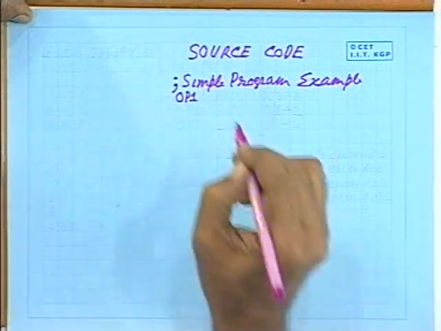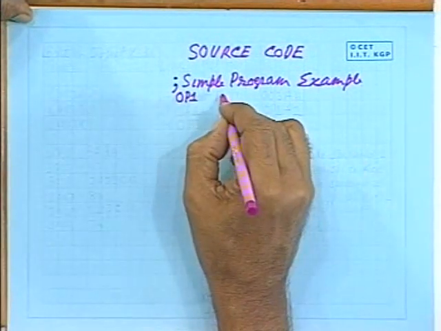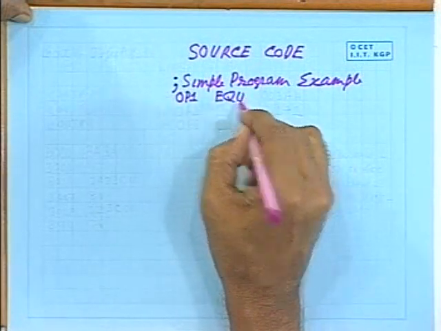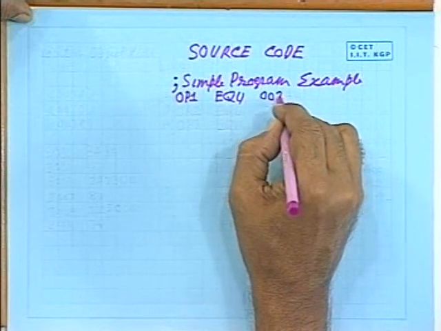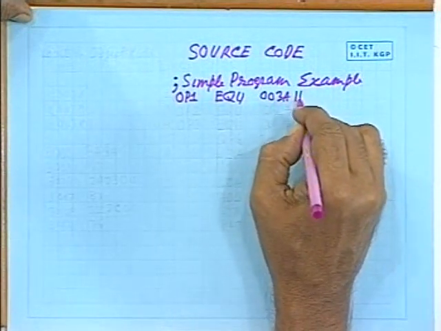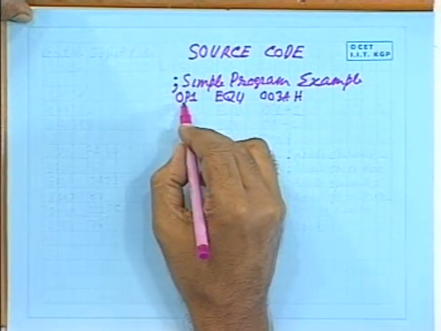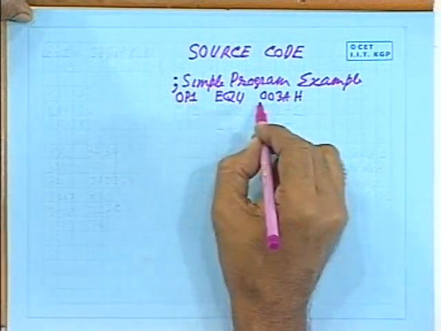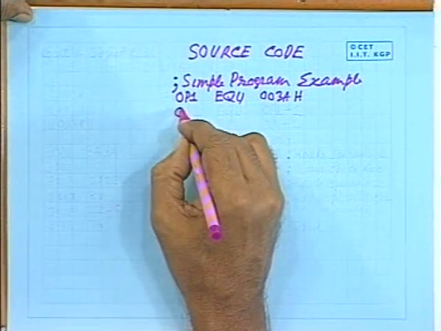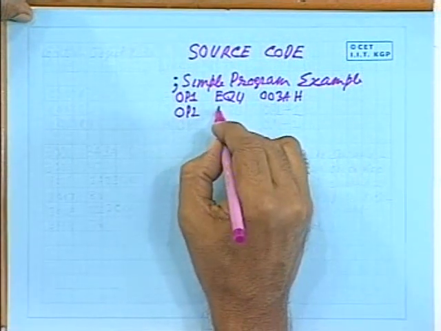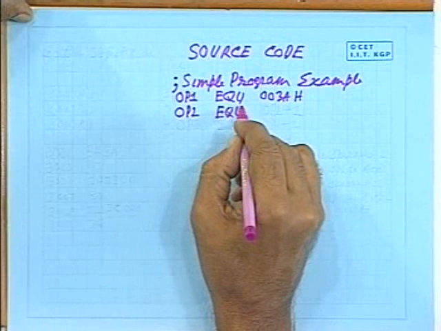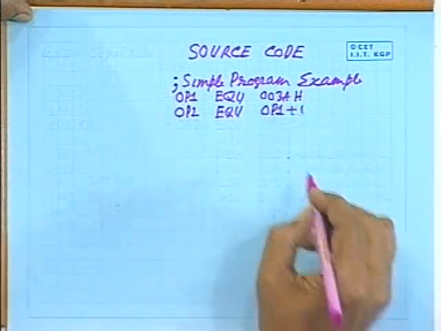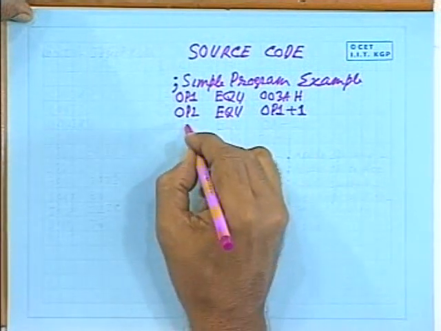Then in the next line I have written OP1, operand 1, equal to say 003A. Essentially, I am providing the operand address for operand 1, and the address is given here. Similarly, OP2 is equal to OP1 plus 1, the next address.